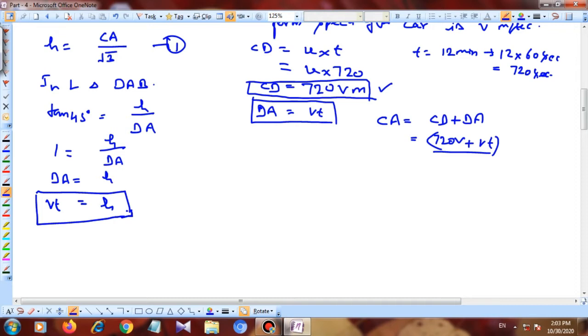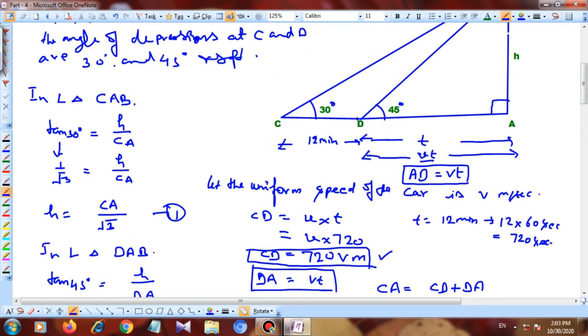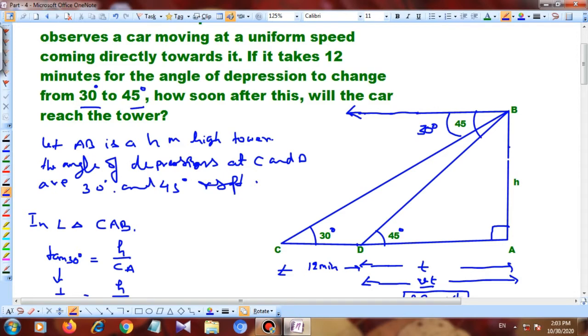Now we find the time taken for the car to reach the tower, right?